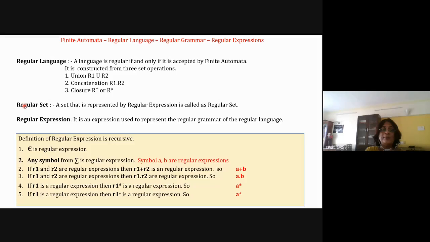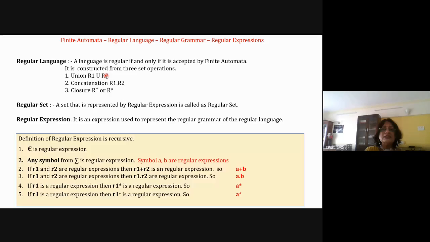Okay, so I'll just repeat this again. You remember this properly. What I'm saying, your finite automata's language is a regular language, and the language's grammar is a regular grammar. We represent this grammar by using regular expression. Okay, and the set of words which belong to this particular regular set, these are the set of words, they belong to this regular language.